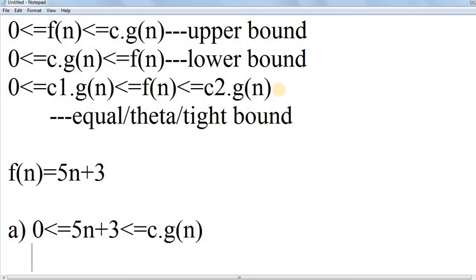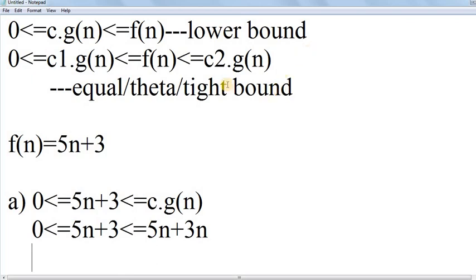That is what is known to us. How to solve it further? On the next line, 0 less than or equal to 5n plus 3. This should be less than or equal to, suggestion here, write the entire equation as it is, and build the highest terms. Here I am observing that n is the highest, 3 is a constant, so I have copied 5n plus 3 first, and 3 is appended with n.